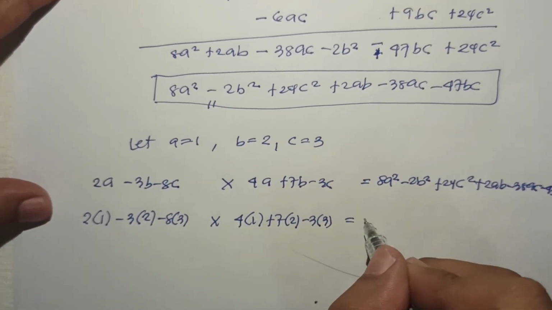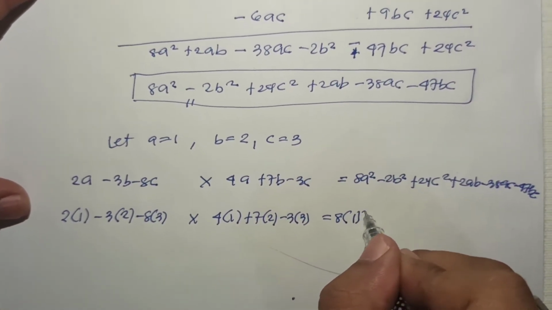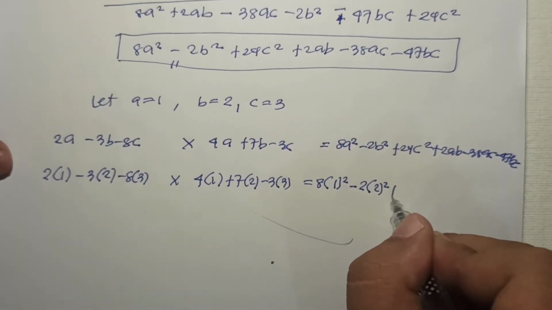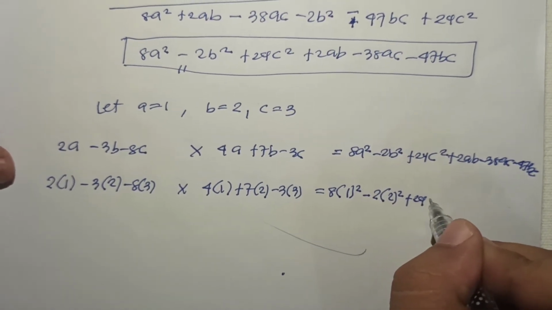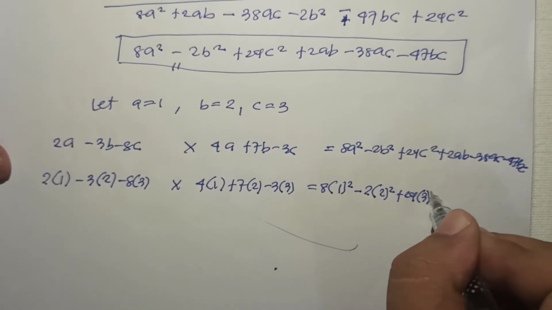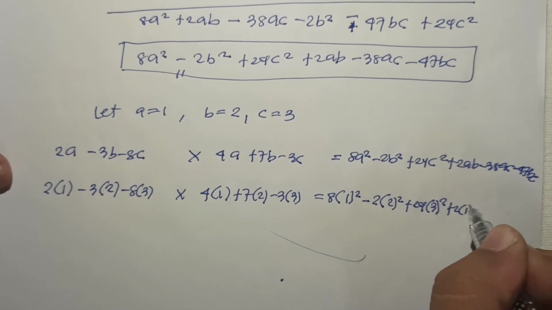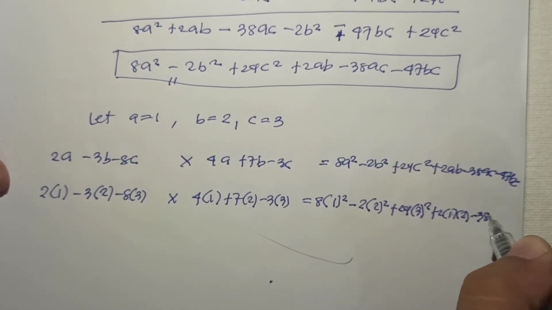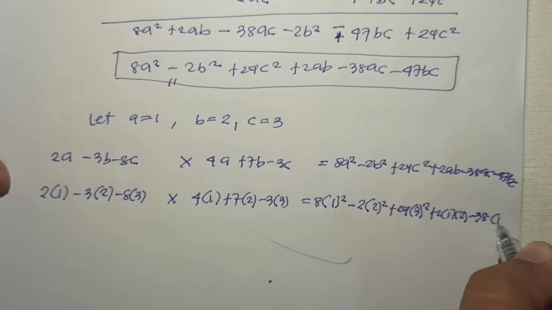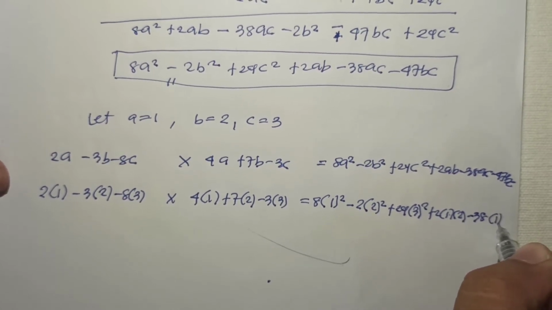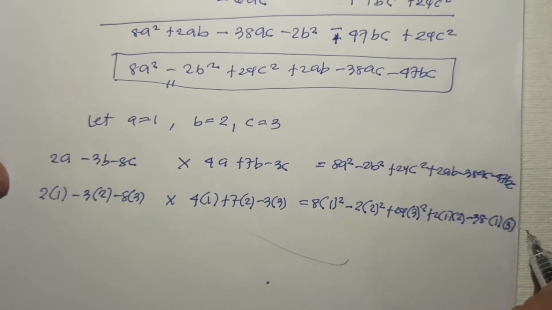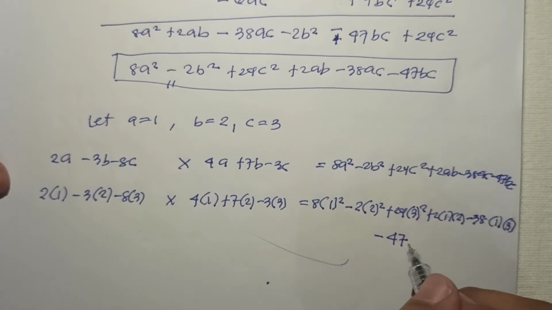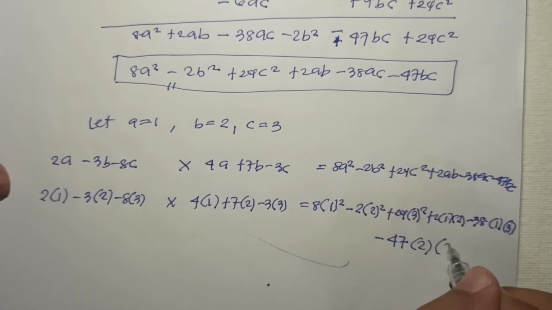So equal to 8 times 1 squared minus 2 times 2 squared plus 24 times 3 squared plus 2 times 1 times 2 minus 38 times 1 times 3, then minus 47 times 2 times 3.